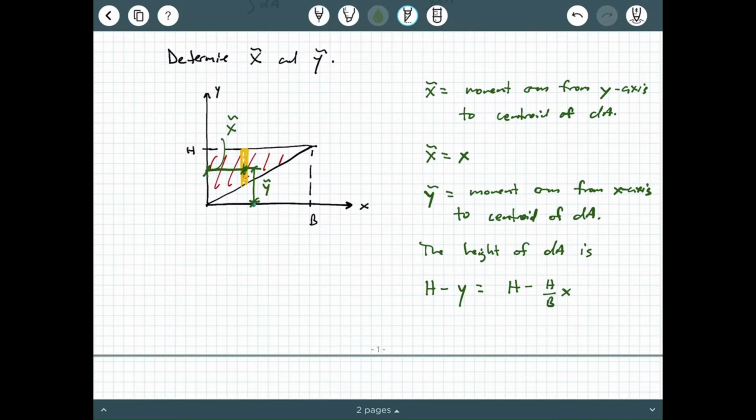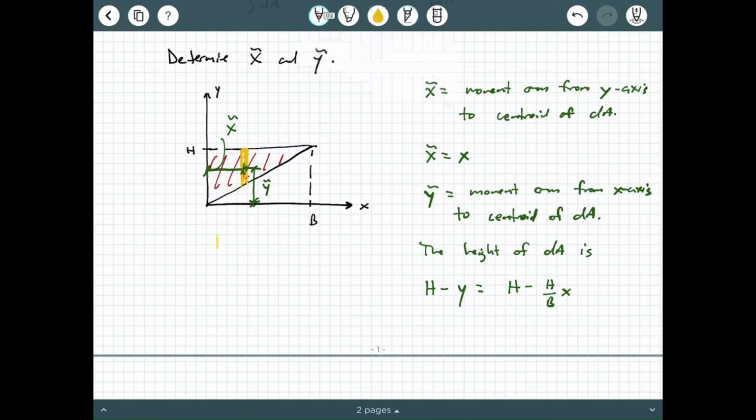Okay, now if y tilde is going to the middle of dA, then what can I say that is equal to? Well, that's going to be half of this height plus distance y.